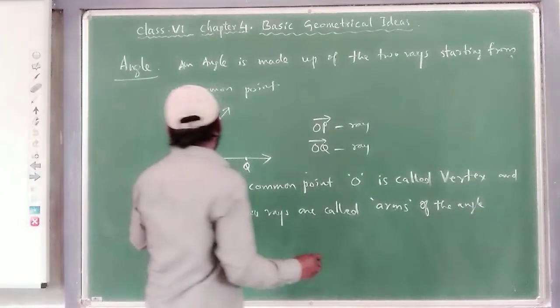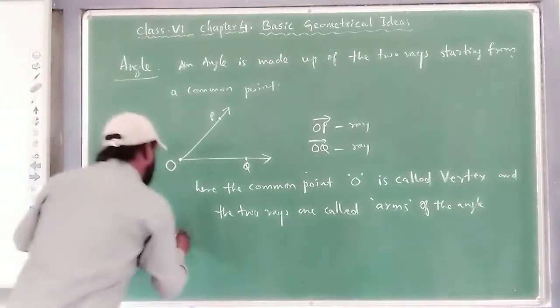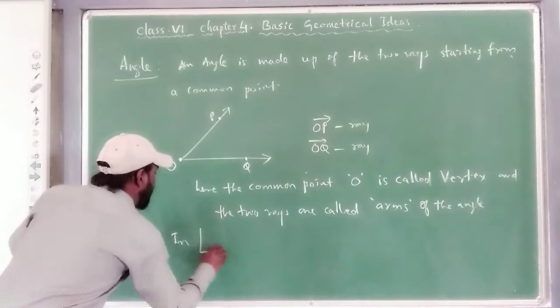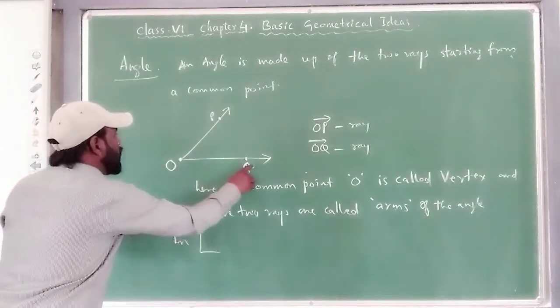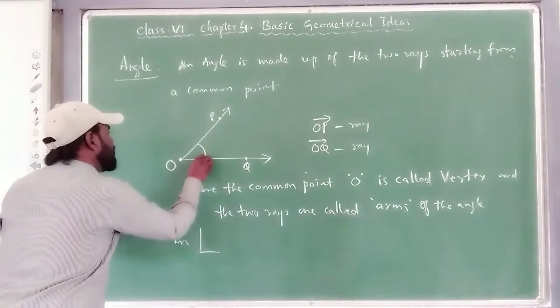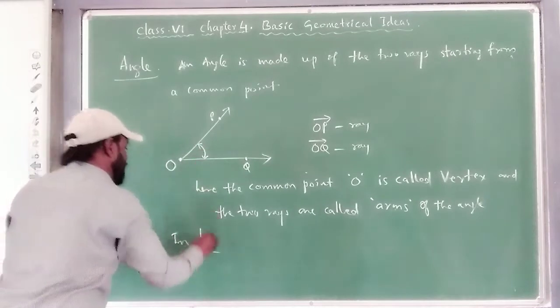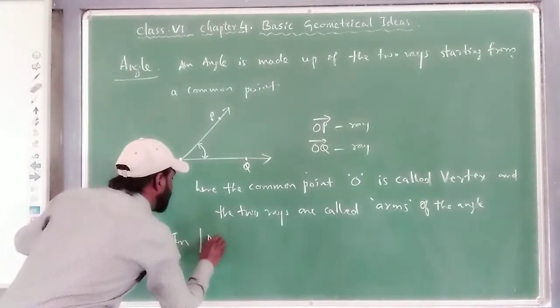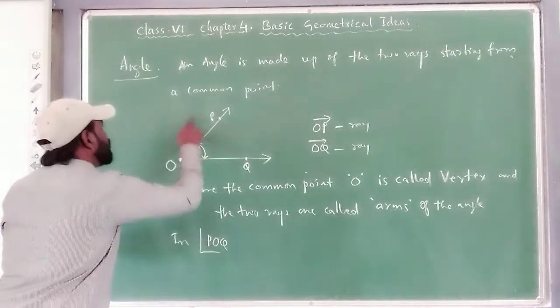So how do we denote this angle? This angle is denoted as angle POQ or QOP. This is the angle between the two rays. You can name it as POQ or QOP.